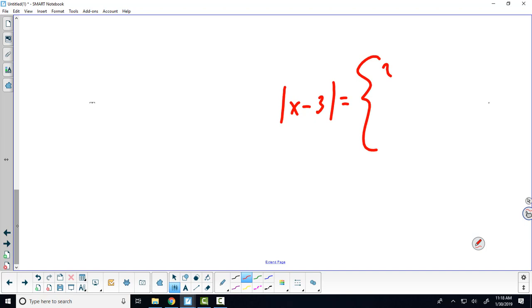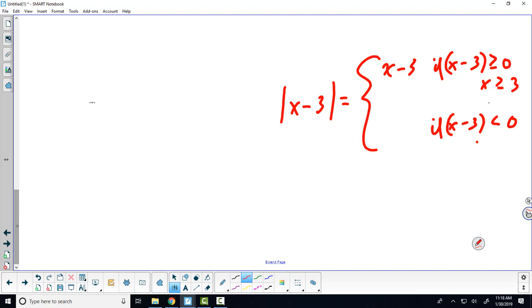It's just equal to x minus 3 if x minus 3 is greater than or equal to 0. Put another way, if x is greater than or equal to 3, I can just leave the expression alone. But what if x minus 3 is less than 0? That is, what if x is less than 3? What would I do?